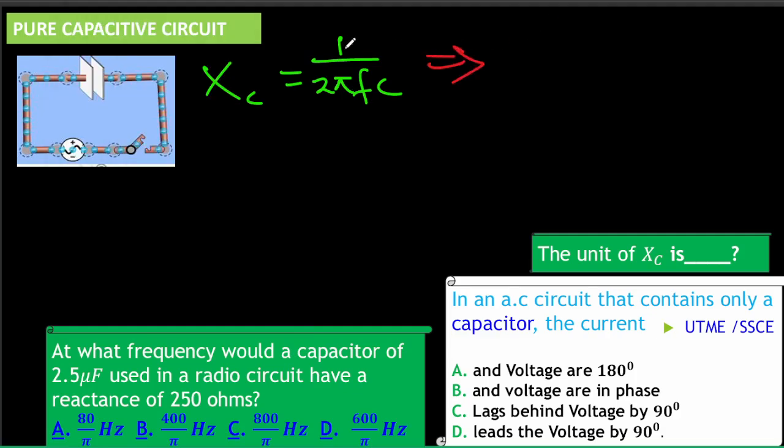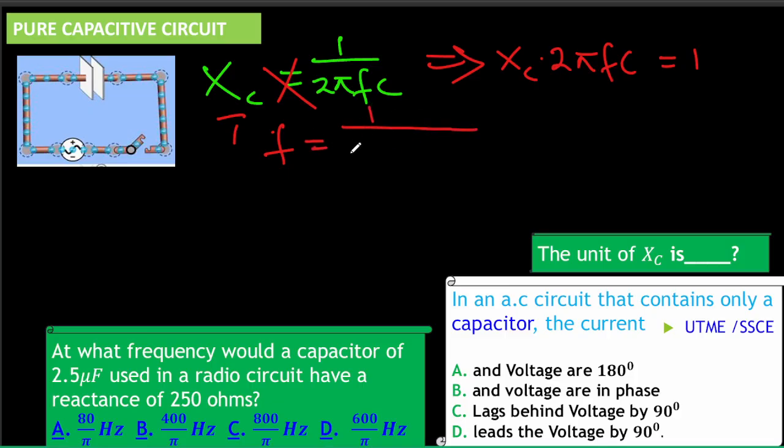If I cross multiply, I will have XC times 2 pi fC is equal to 1. That means f, which is what I'm looking for, will be equal to 1 over 2 pi times C times XC.